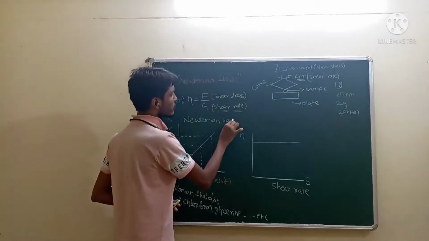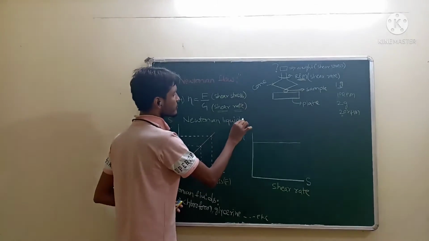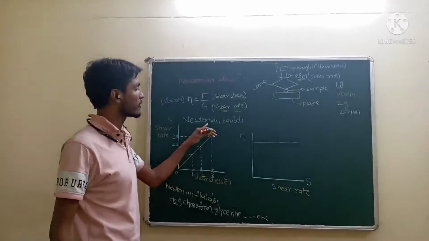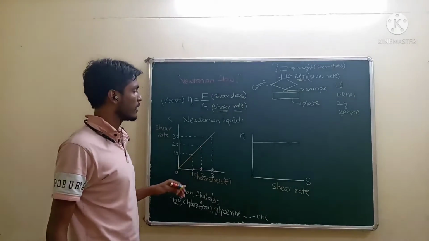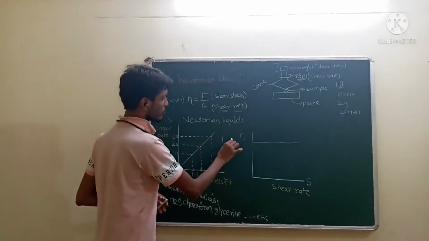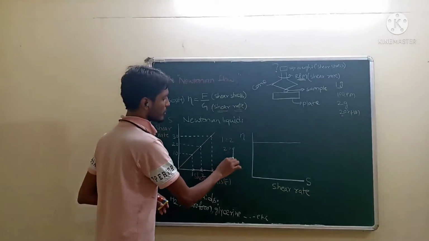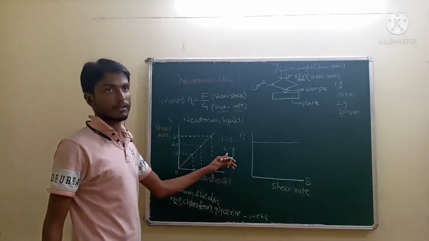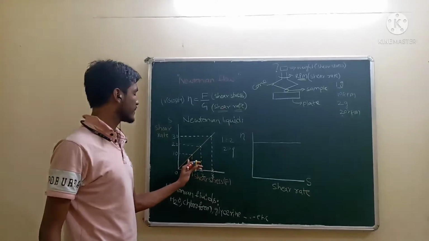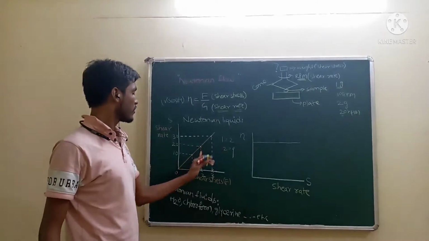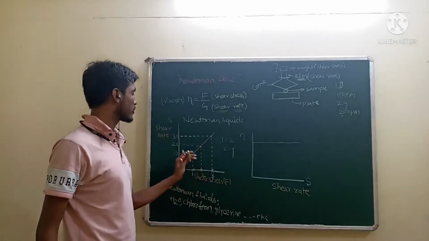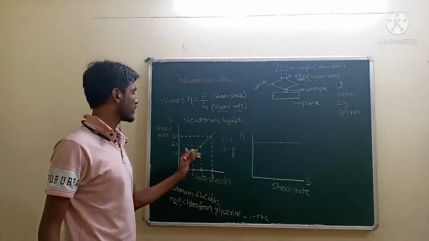In case of Newtonian liquid, it increases proportionally. See, this is proportional. We can call it 1 to 2, 2 to 4, proportionally. This straight line only we can call proportional. 1, 10, 2, 20, 3, 30.